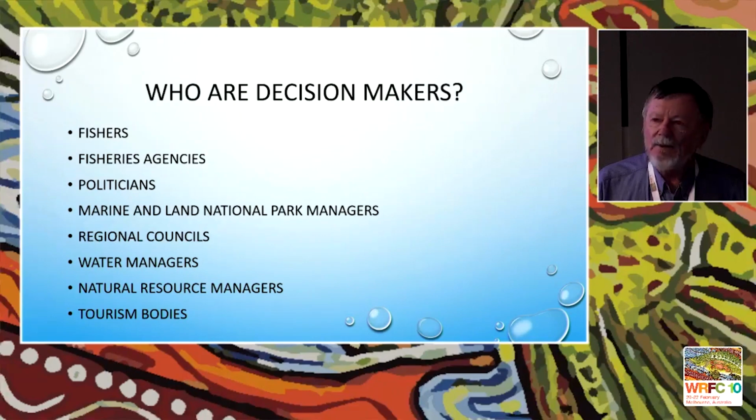Natural resource management groups also have an interest in the data. And tourism bodies: if they want to encourage people to go to a particular area to fish, they need to have that data. So we see that data is not only the province of fisheries agencies, but the province of a much larger group within the community.